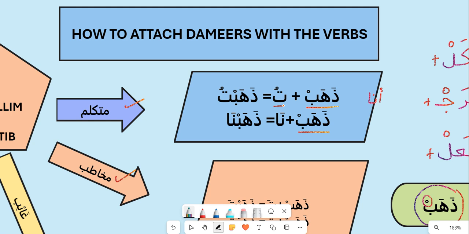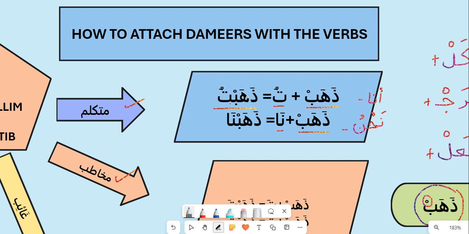The ta with dhamma represents the mutakallim group for ana, and noon and alif with fatha represent nahnu. This noon alif has a special name, noon al fa'ilin. Whenever you start attaching, use the structure dhahab plus ta with dhamma, and it will give you dhahabtu.